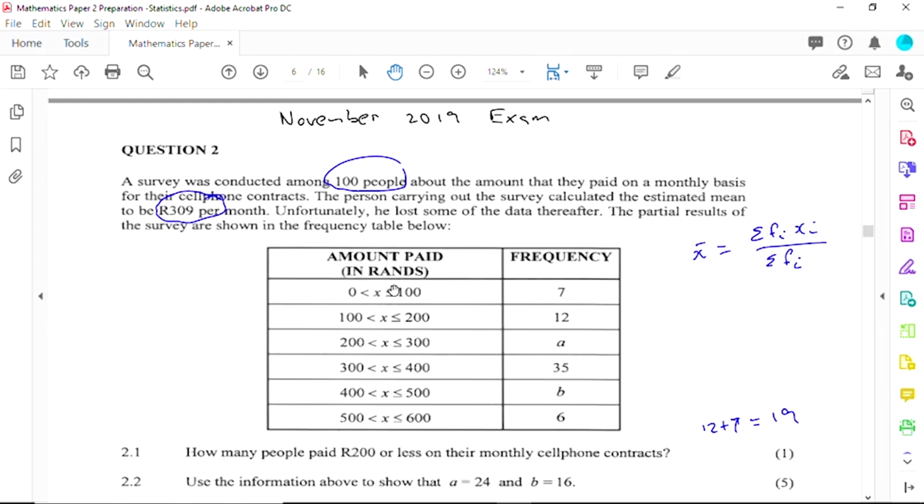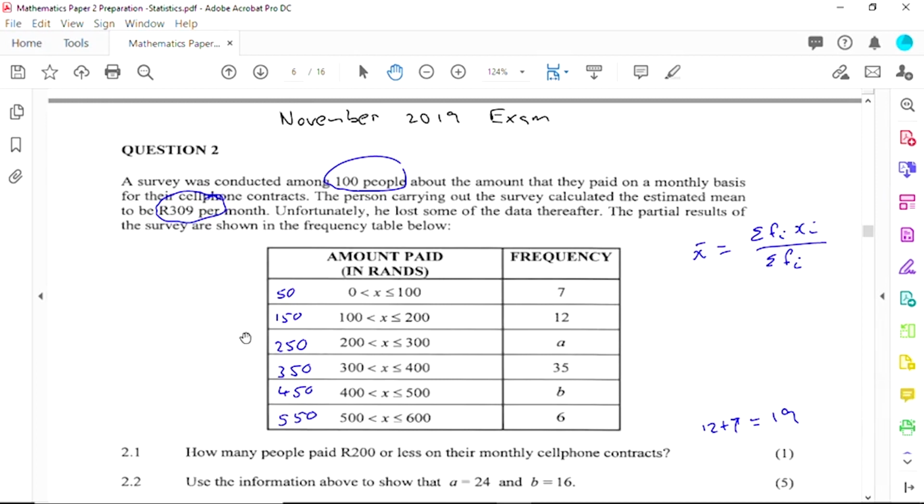To find the midpoint, we take 0 plus 100 divided by 2 to get 50. 100 plus 200 is 300 divided by 2, which is equal to 150. 200 plus 300 is 500 divided by 2, equal to 250. 300 plus 400 is 700 divided by 2, which is 350. 400 plus 500 is 900 divided by 2, equal to 450. 500 plus 600 is 1100 divided by 2, which is 550.